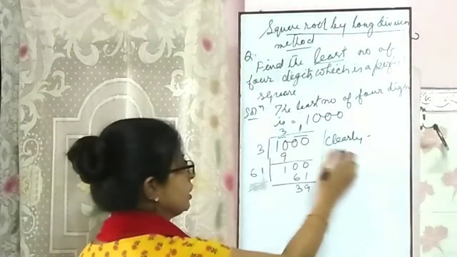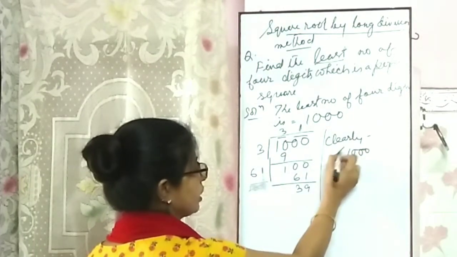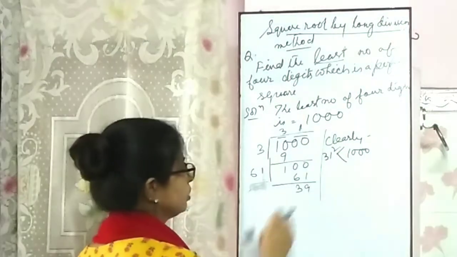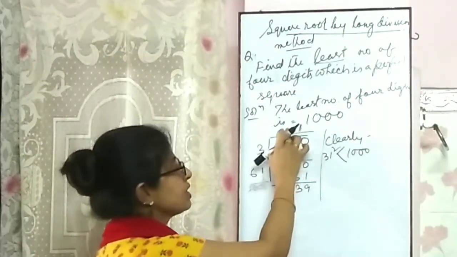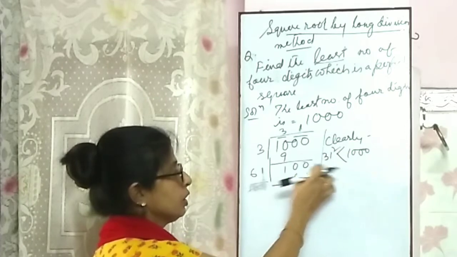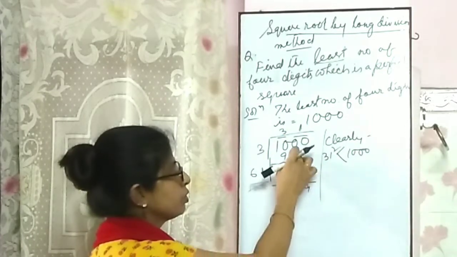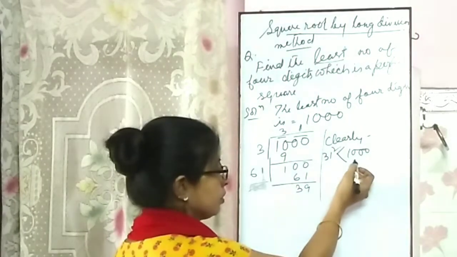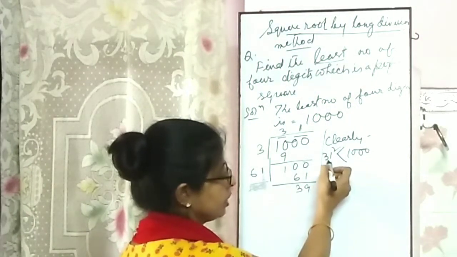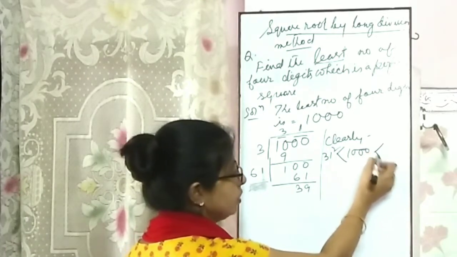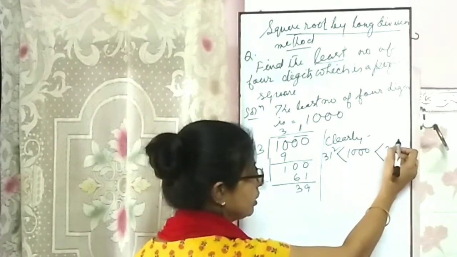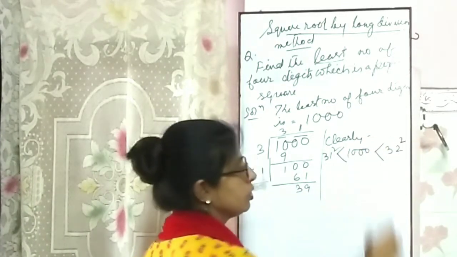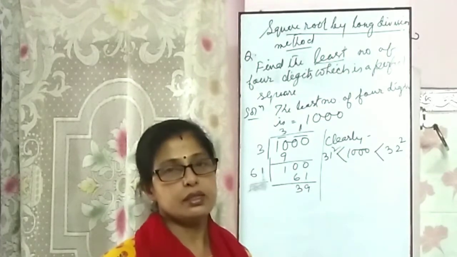what we have seen, this 1000 is greater than 31 square, because there comes a remainder. So obviously when we make the 31 square, it will be less than 1000, and so 1000 is greater than the square root of the number, and it will be less than 32 square.